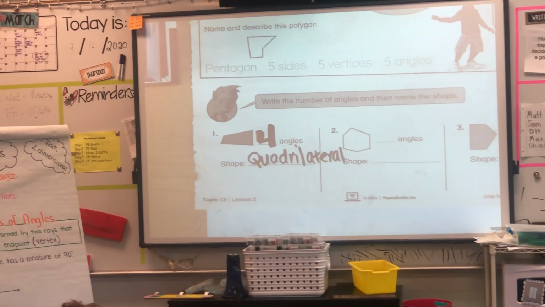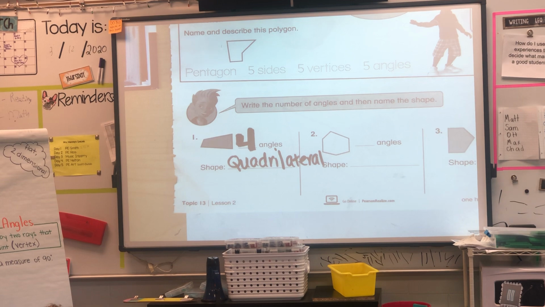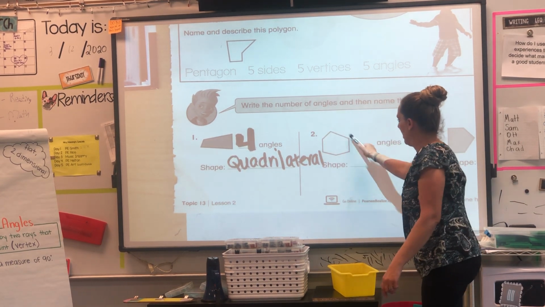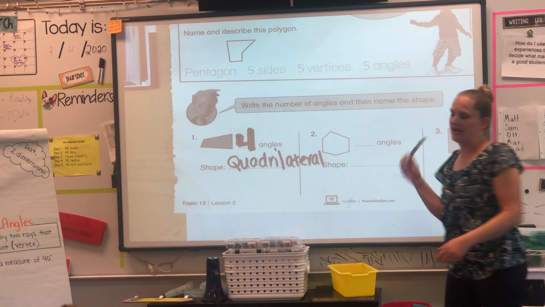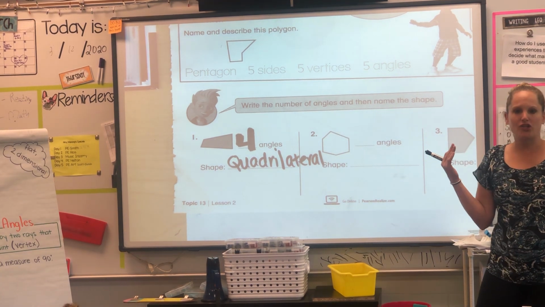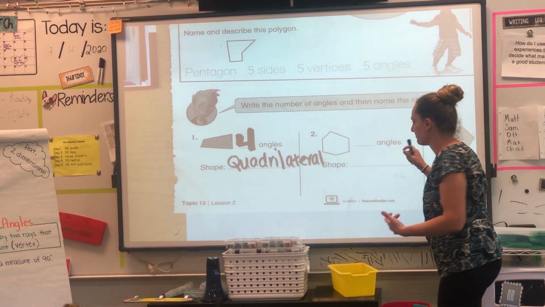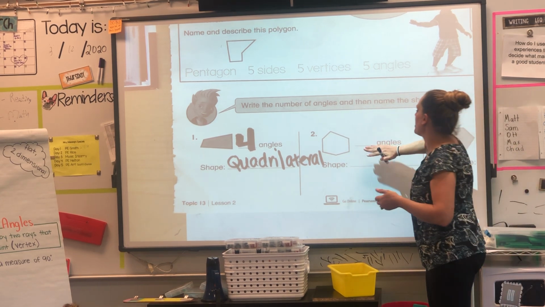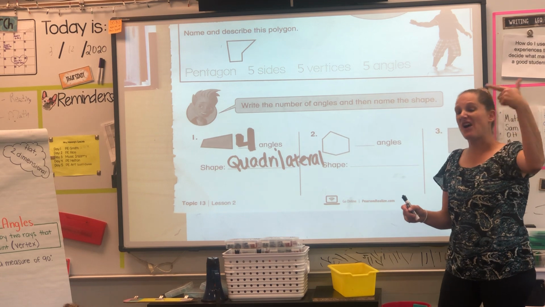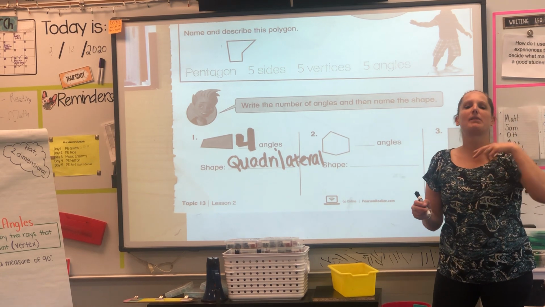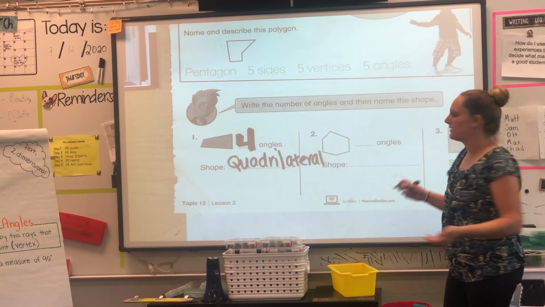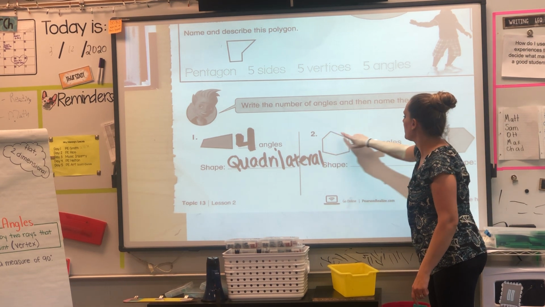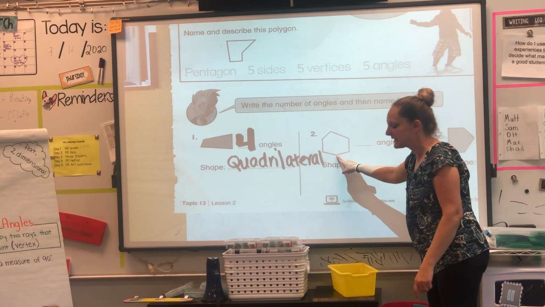Let's look at number 2. Again, this didn't look like a rectangle. It looked like a smooshed rectangle. This doesn't look like a regular shape that we see all the time. But let's count. We can identify our polygon by the number of angles, the number of sides, and the number of vertices. Ready? Let's count. 1, 2, 3, 4, 5, 6.